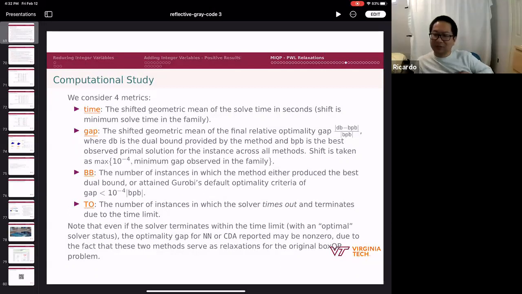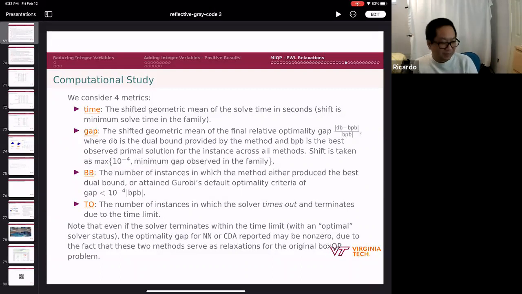Also, one extra thing I was wondering about: you have some positive computational results, but when you're reformulating in the second part of your talk with adding integer variables, you're attributing part of this to cuts.